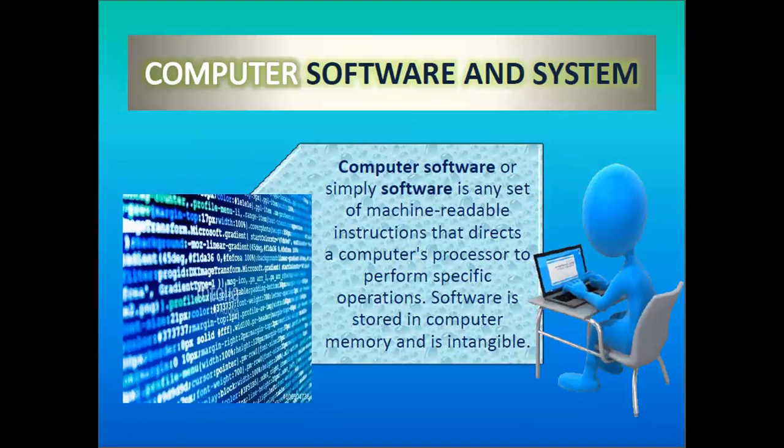The software mainly are like directions for the computer. So if you input this kind of software or direction to the computer and you ask the computer to do a specific task, if the computer has these directions or software, the computer will be able to do the specific task that you want the computer to do.